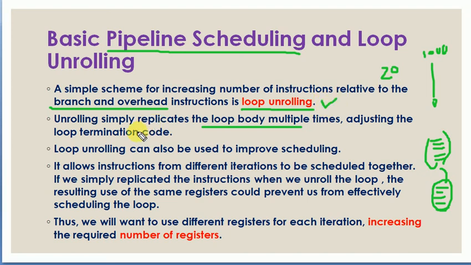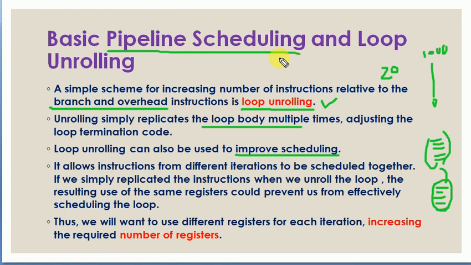Loop unrolling can also be used to improve scheduling, so that if we improve the schedule, we can reduce the number of clock cycles. So the first point is, by unrolling we reduce the branch overhead, and we can also improve the scheduling. We can reorder the elements in a better way so that we reduce the number of stalls.